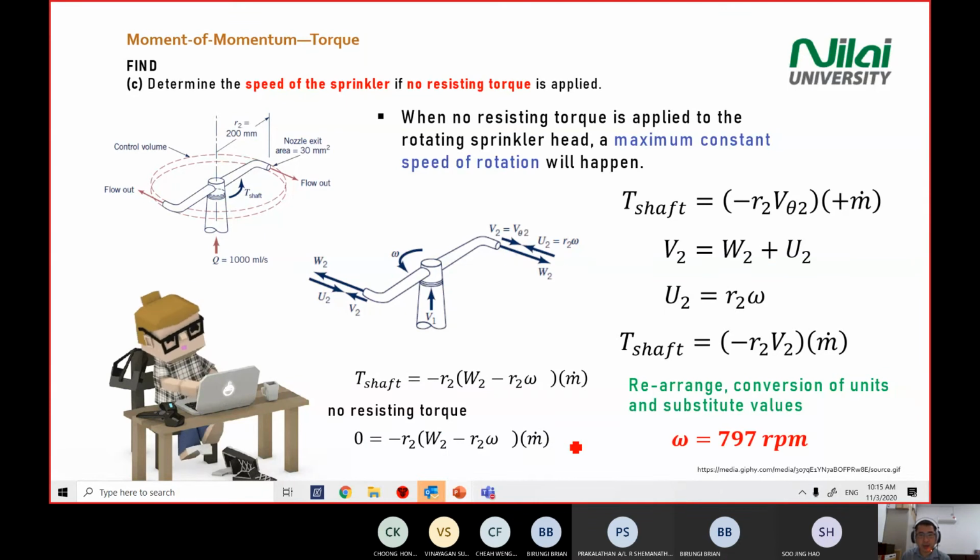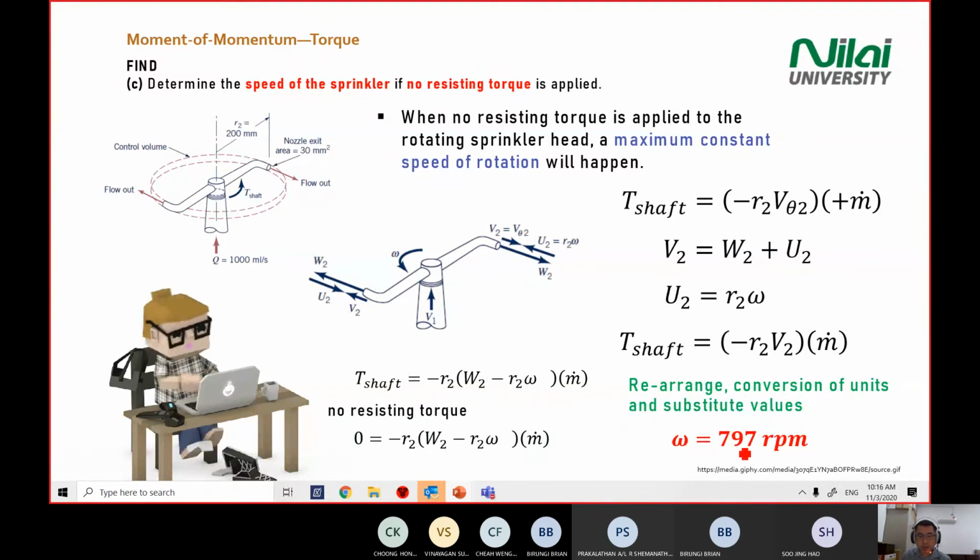Then we need to get the omega. So you rearrange this equation, you substitute all the known values. Then again, this is the reference value. Sometimes I make a wrong calculation, but this is the way we solve the question. What's important is you know the strategy in solving the problem.